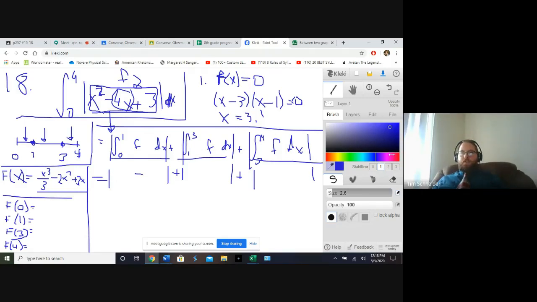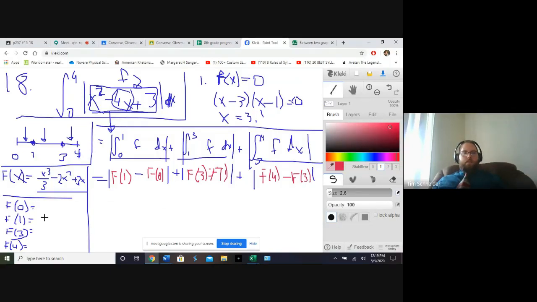Just to remind ourselves exactly what the integral from 0 to 1 means, we are putting in capital F of 1 minus capital F of 0, because you always put the top one in first. And then we have capital F of 3 minus capital F of 1, and then capital F of 4 minus capital F of 3. And so we need to know what all these are.